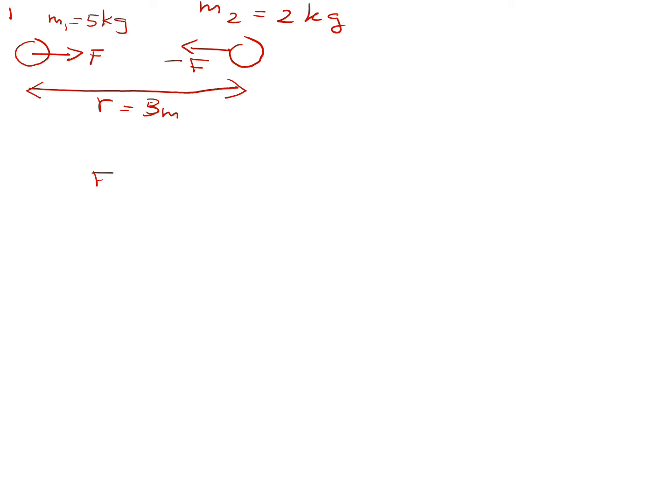So the force, according to Newton's law of universal gravitation, is gravitational constant G times mass of particle 1, m1, mass of particle 2, divided by r square.